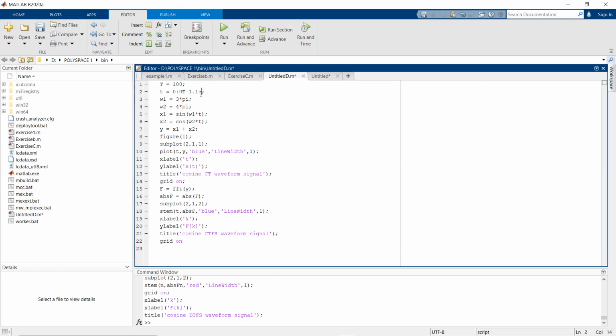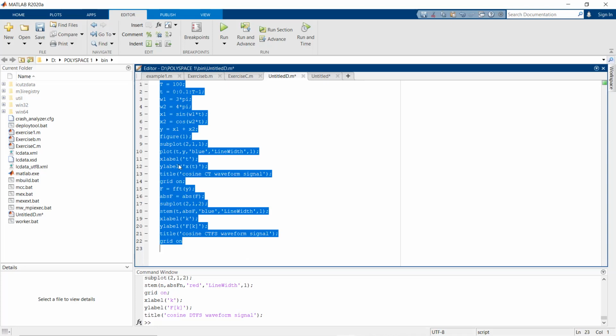We use this as our interval for 0 to 100. Same thing, it is the combination of S1 and S2. This will have two figures, figure 1 and figure 2.